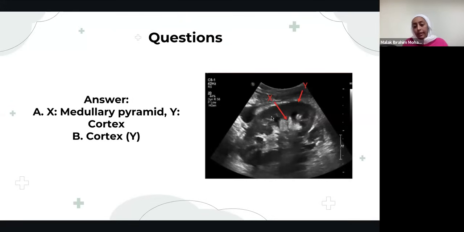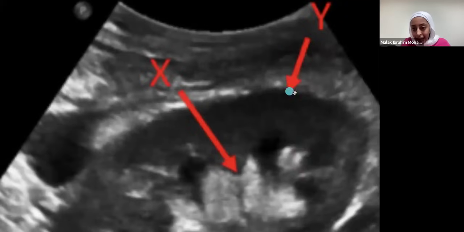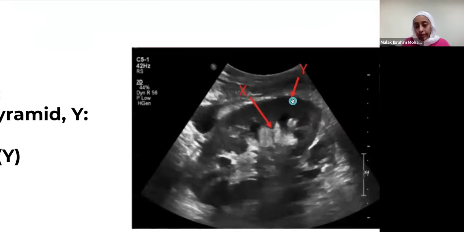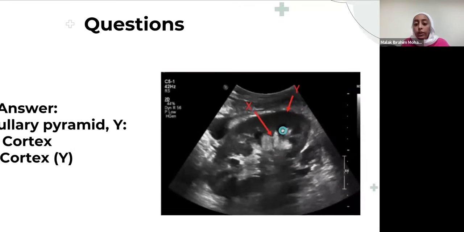The histology part is at the end. Yes, Y is mainly the capsule, but if it's pointed more inside, it's going to be the cortex. And this is going to be the renal pelvis or the sinus fat, and the darker areas, which are anechoic, are going to be the medullary pyramid.